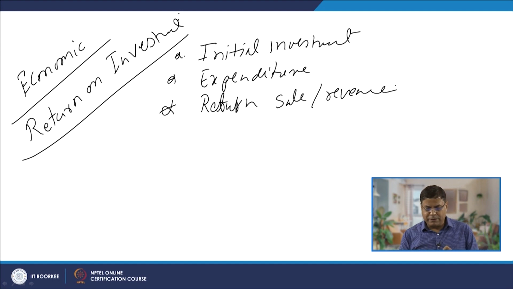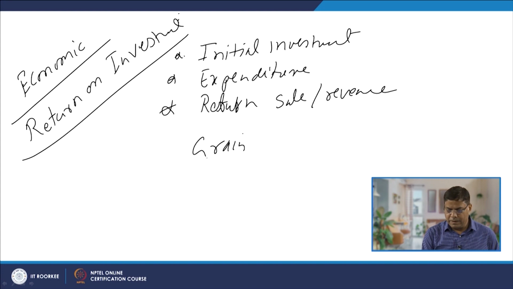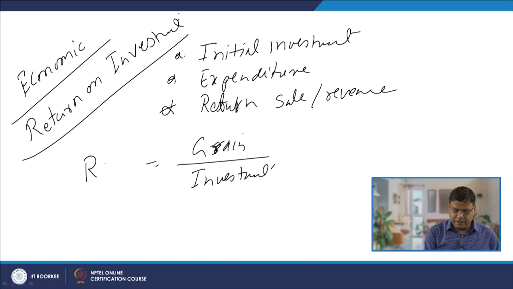So, basically, for determining this, we try to determine the net gain divided by the investment. This gives us the return on investment in terms of percentage, so into 100, that is what we have to do.